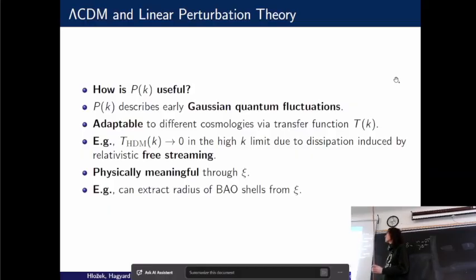So, for example, let's say you have, as I mentioned, a hot dark matter power spectrum that you want to model based off of a cold dark matter spectrum. Well, physically, when you have hot dark matter, which moves at relativistic speeds, it tends to dissipate matter density fluctuations on the small scale, primarily because of their light mass.